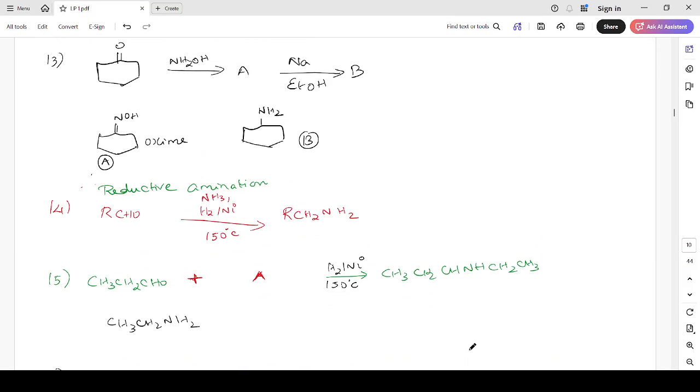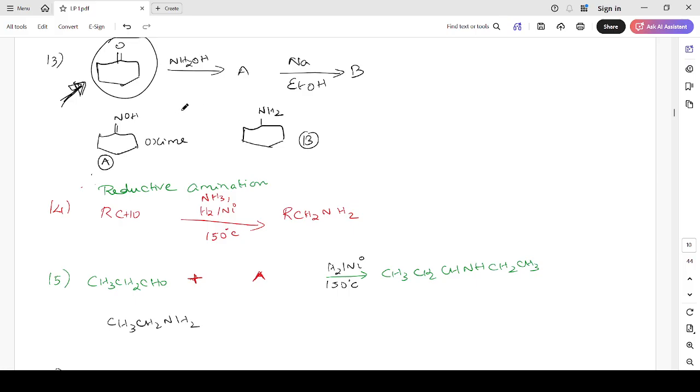Let's go for the next. Same thing again. What is the name of this compound? Louder, please.